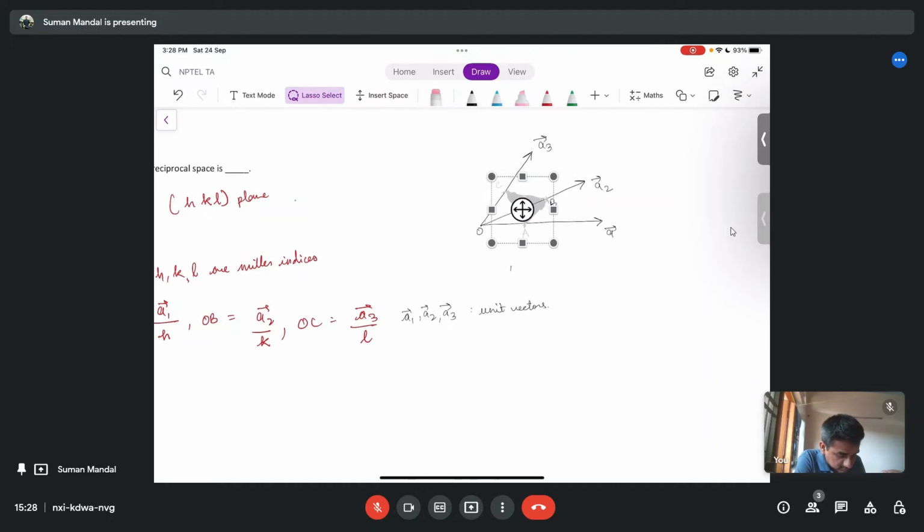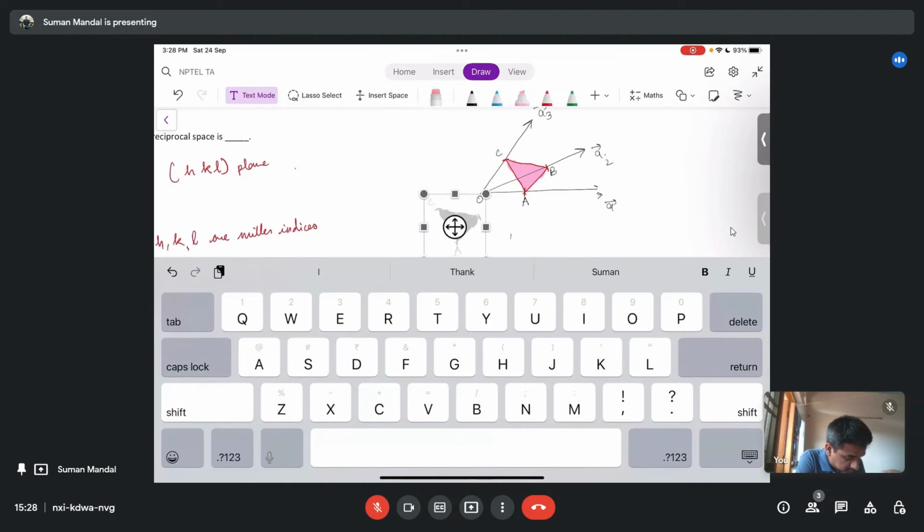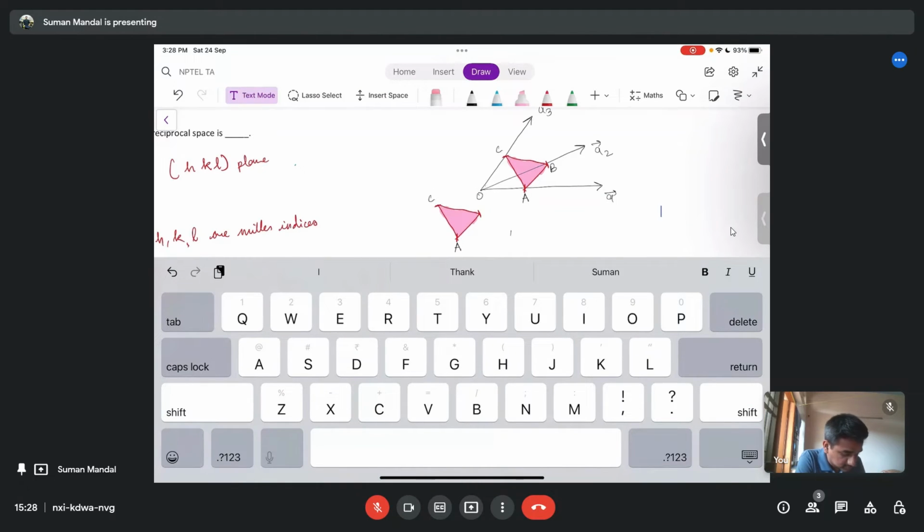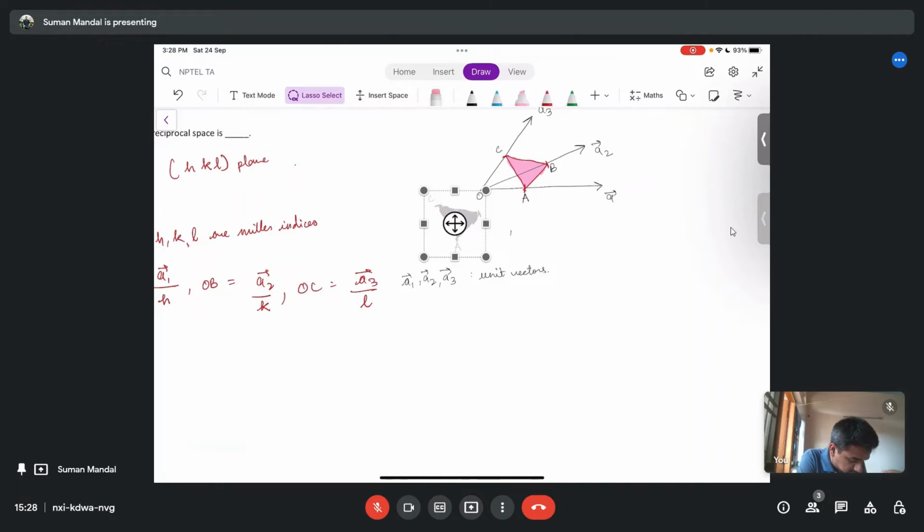Copy, paste. Okay. So we can have another plane which passes through the origin.